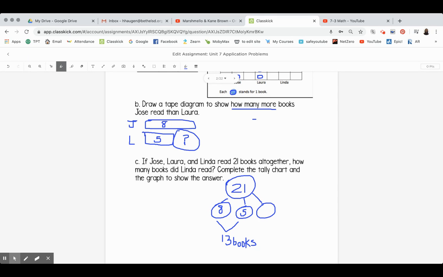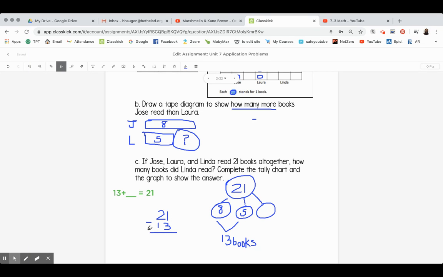How do I find that? I have 13. I want to get to 21. There's 2 ways I can do that. I can either think in my head, okay, 13 plus what number is going to get me to 21? That's one option. Or I can do simply, with my pen, 21 minus 13. So you can do it either way.